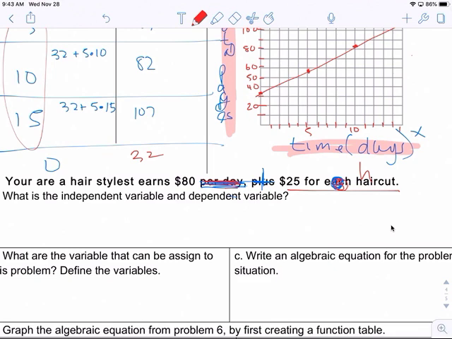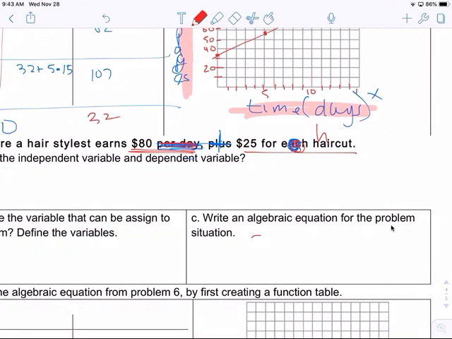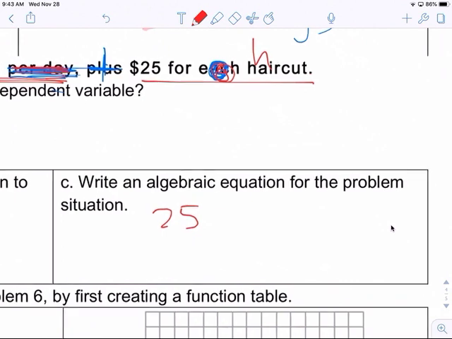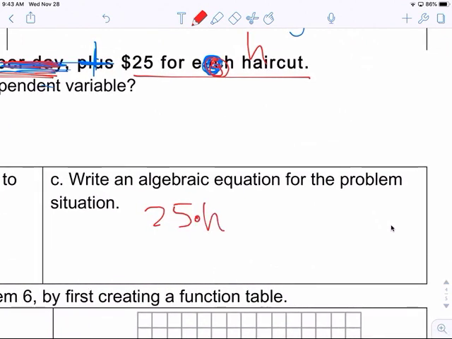You're finding the total earning each day. So this is $80. There's $25 for each person that comes to get a haircut times the number that get a haircut, plus you also earn $80 for that day. That per doesn't go to 80, okay? Equals your total earning, E for earning.